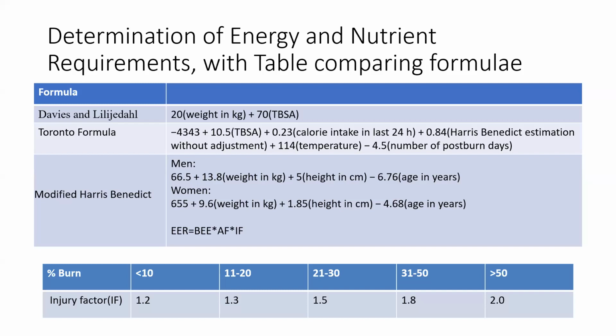So we have a number of equations that could be used to provide a wide range of estimated requirements. And we need to understand that there is no one method that is superior to another. It is based on an individual's discretion as to which method to use for their patients.